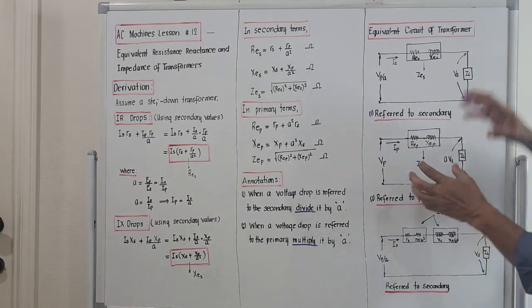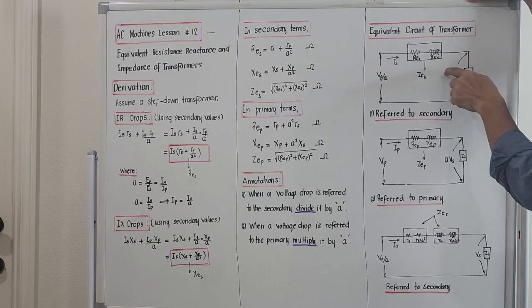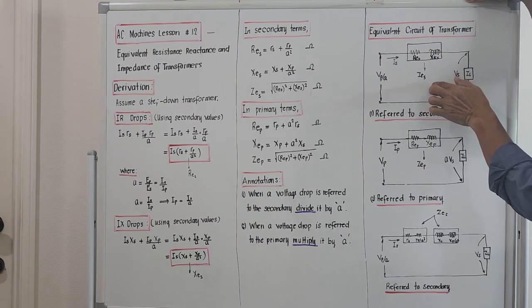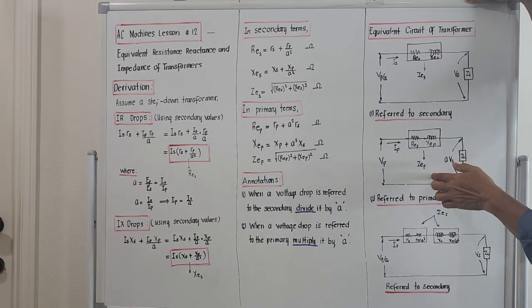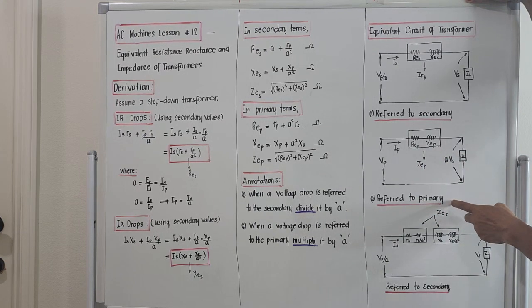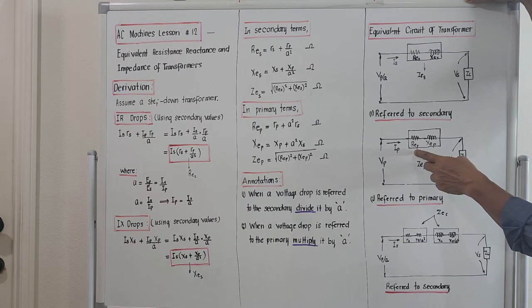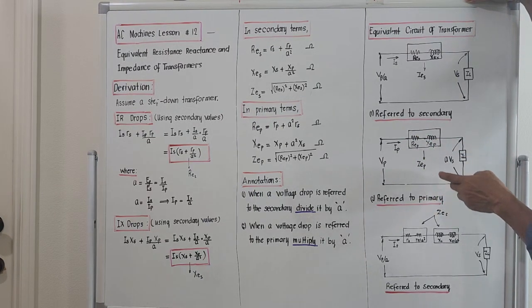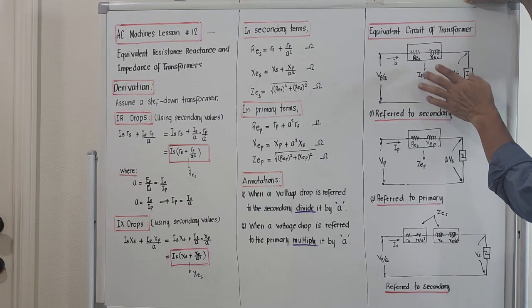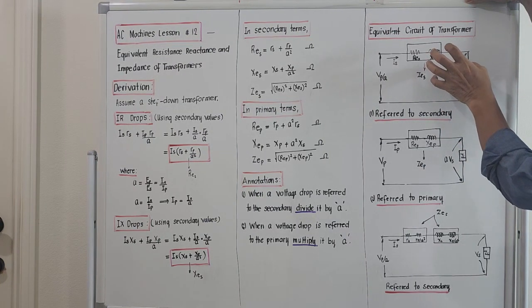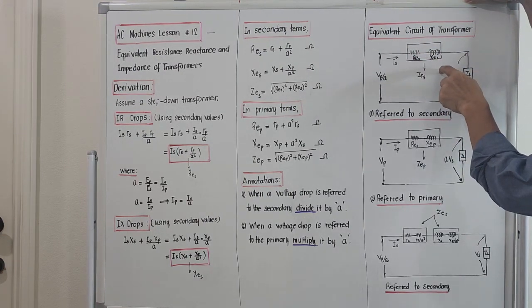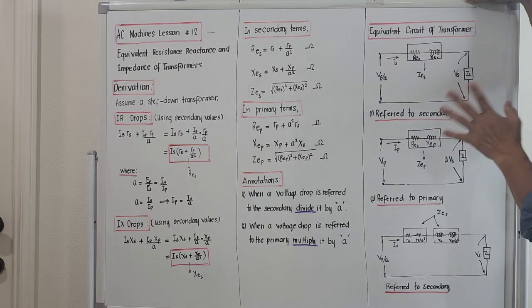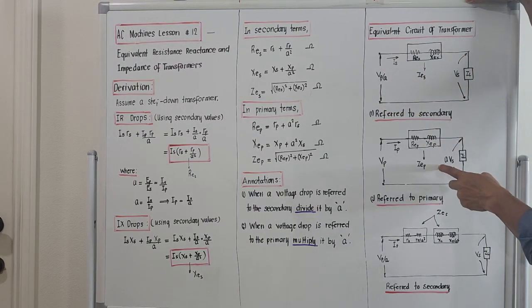We'll compress it into one. The upper figure is referred to the secondary, and the second figure is referred to the primary. So these are equivalent values now. You can see that there is no more secondary on the second figure, and on the first figure, there is no more primary. So we base our calculations on the secondary values for the first one, and in the second calculation, we refer our calculations to the primary side.